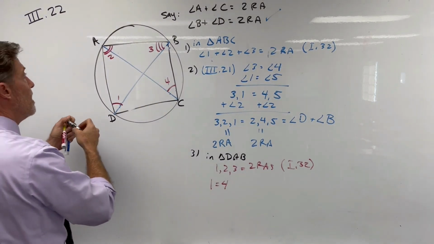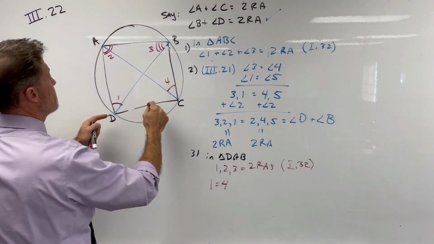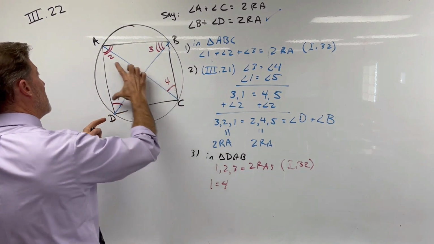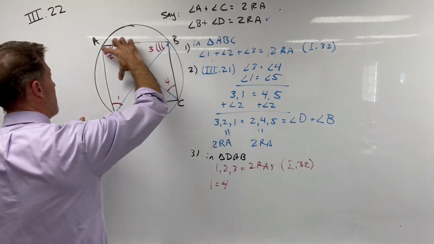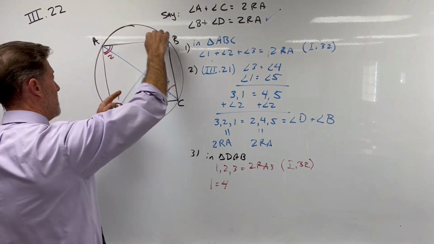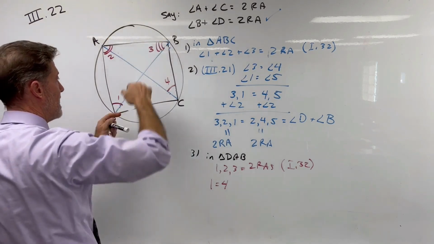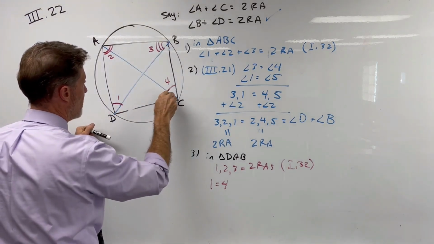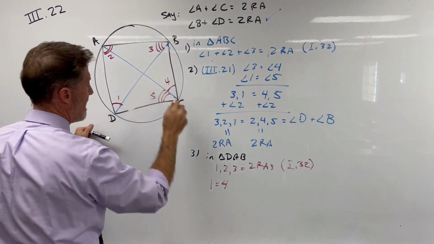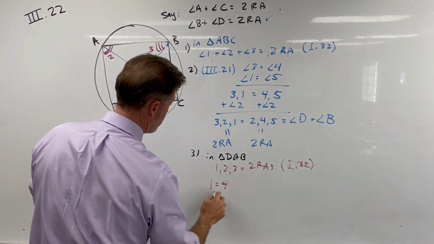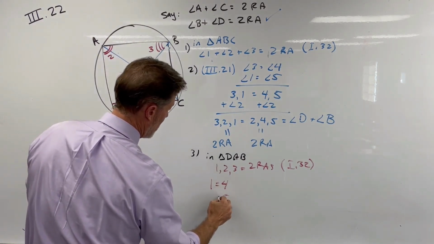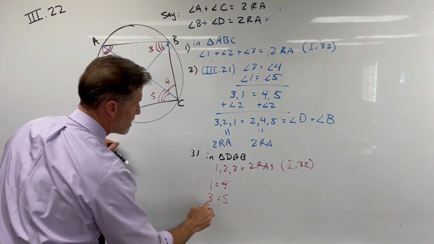And we're going to notice that this angle here is standing on the same segment as this angle 3. So this is going to give us angle 5 equal to angle 3.